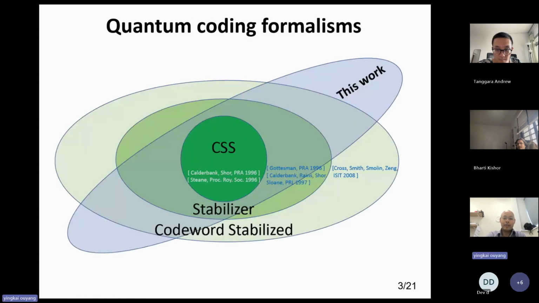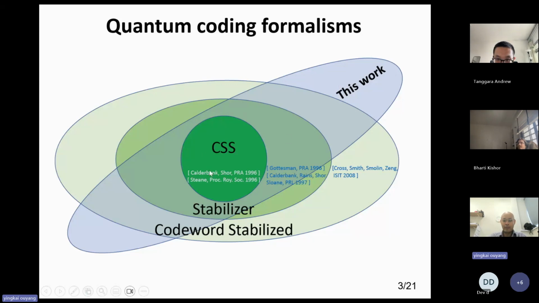There are many different formalisms for constructing quantum error correction codes. In essence, a quantum error correction code is just a subspace in a Hilbert space such that it has some error correction properties. And a priori, it may seem like, okay, how are you going to make a quantum error correction code with said error correction properties?